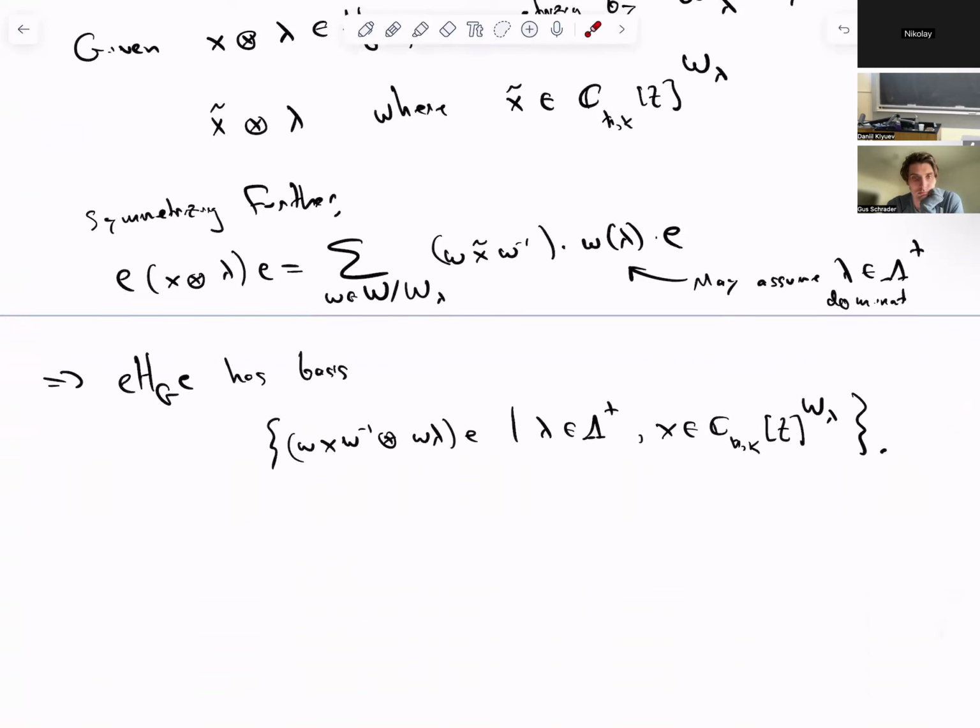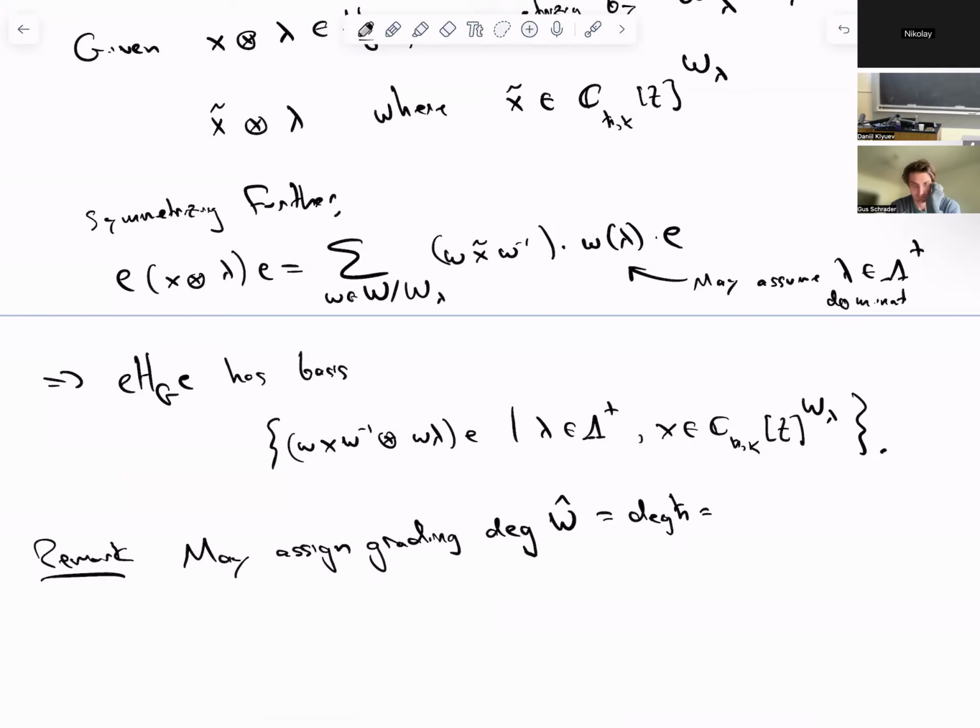Great, and I'll conclude this section by the following remark. We may assign a grading on the DAHA by declaring W hat and the parameters of degree 0, and the polynomial algebra has degree 2.